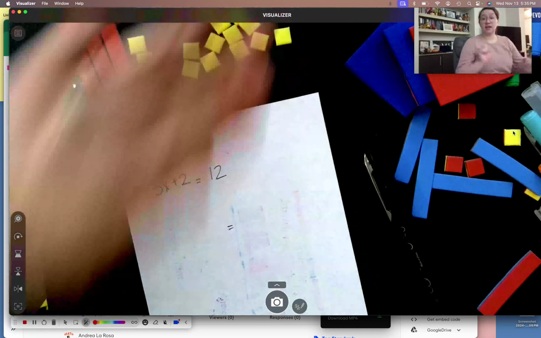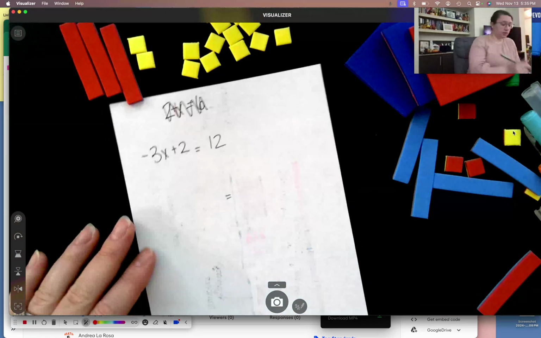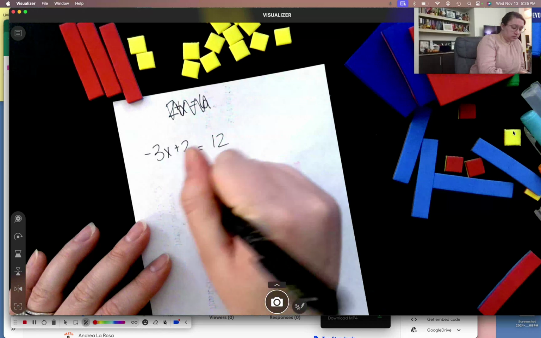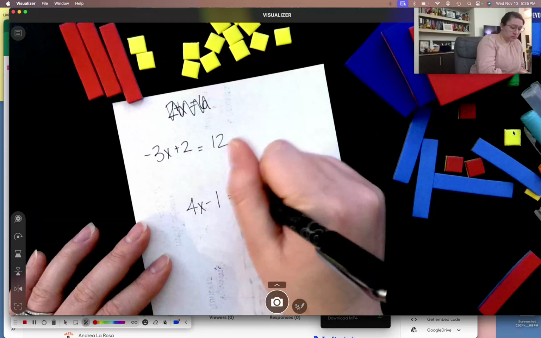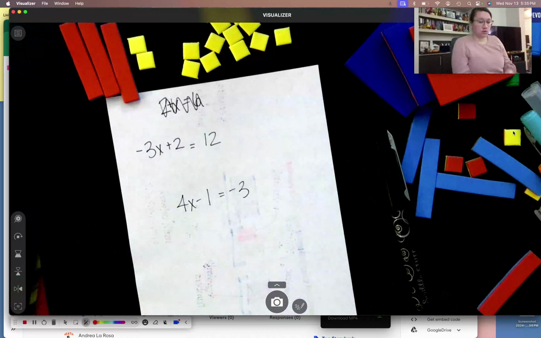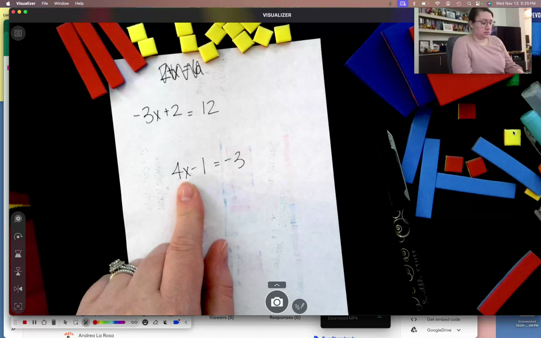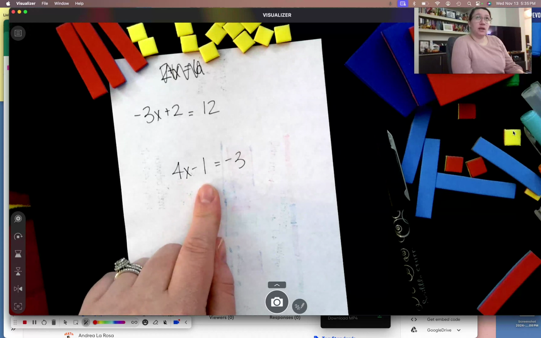Let's try one more, and then I'll have you guys finish up the rest of the Nearpod trying some on your own. 4x minus 1 equals negative 3. How would I build 4x? Think to yourself. What would minus 1 look like?